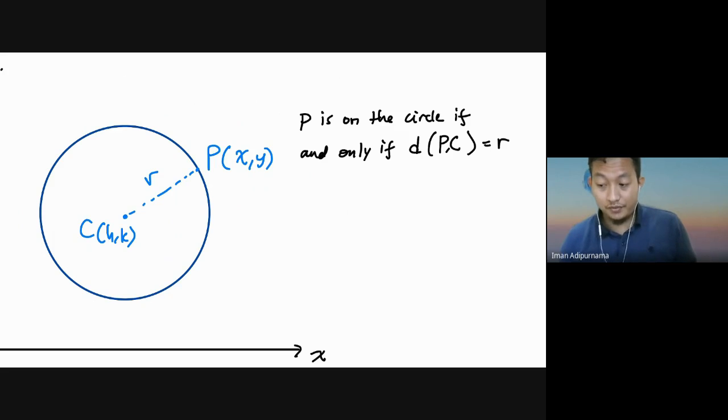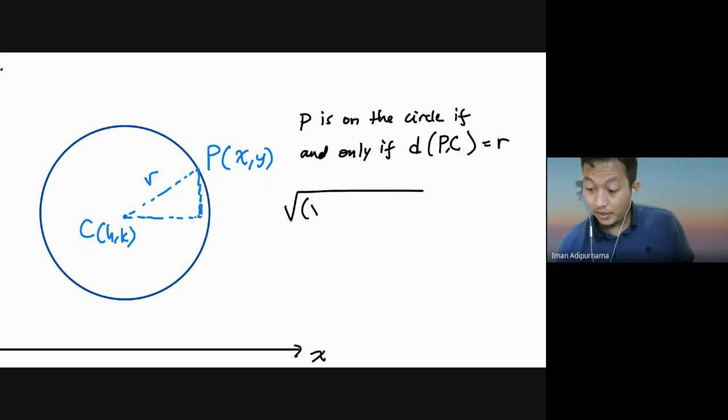We know from the distance formula from the previous one, if you look at the triangle here, it should be the square root of (x minus h) squared, the delta x, plus (y minus k) squared, equal to r.